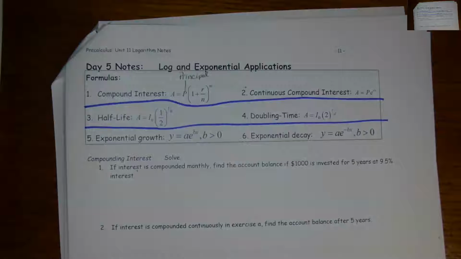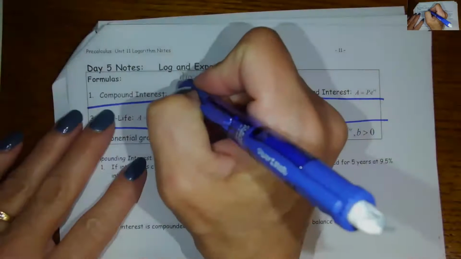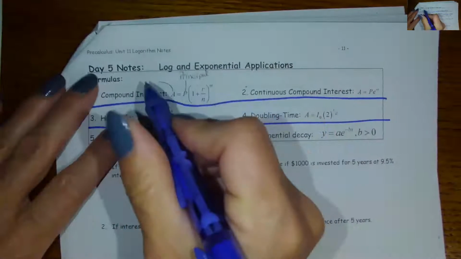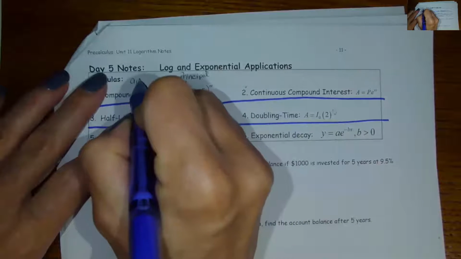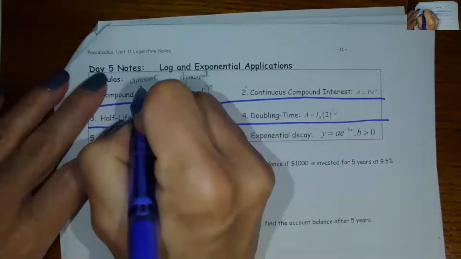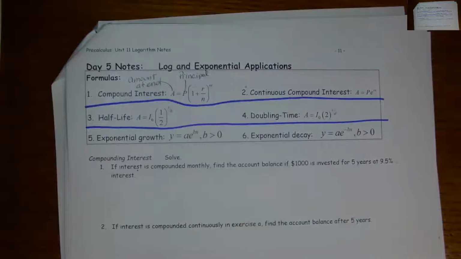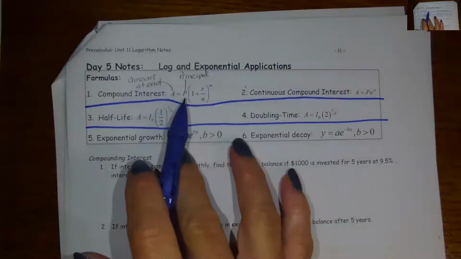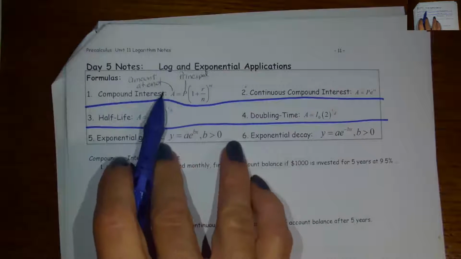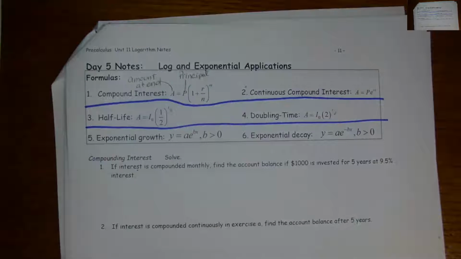You stick it in the bank for a while and later you get more back because they pay you interest. This is the amount at the end right there. Or if you borrowed this much money and you were paying interest, then that's how much you would owe. It's important to keep those straight.